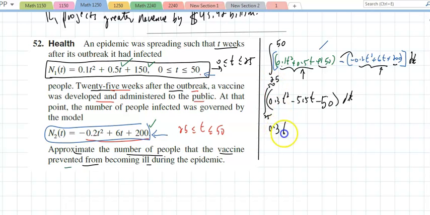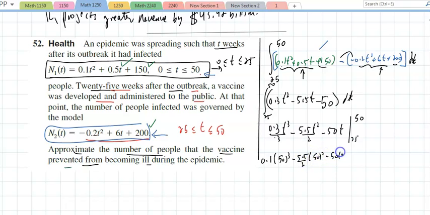So 0.3t cubed over 3 minus 5.5t squared over 2 minus 50t evaluated from 25 to 50. So this is 0.1 times 50 cubed minus 5.5 over 2 times 50 squared minus 50 times 50, minus 0.1 times 25 cubed minus 5.5 over 2 times 25 squared minus 50 times 25.